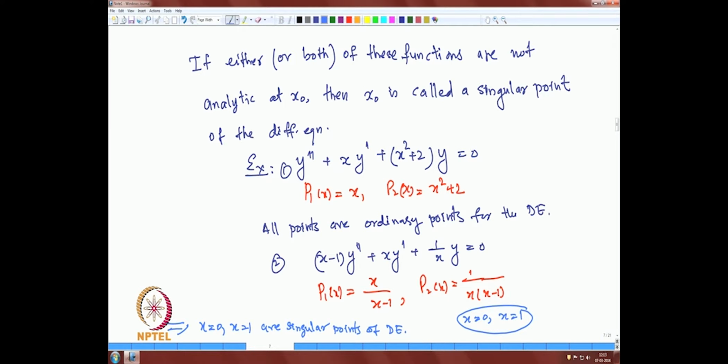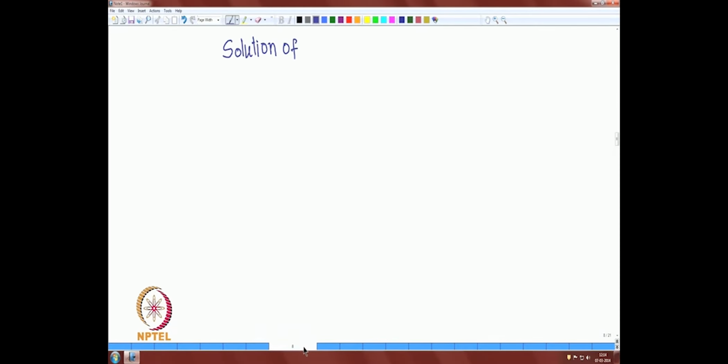Now, if x0 is an ordinary point of a differential equation, then we have a sufficient condition to guarantee a power series solution. So, now I state it in the form of a theorem.